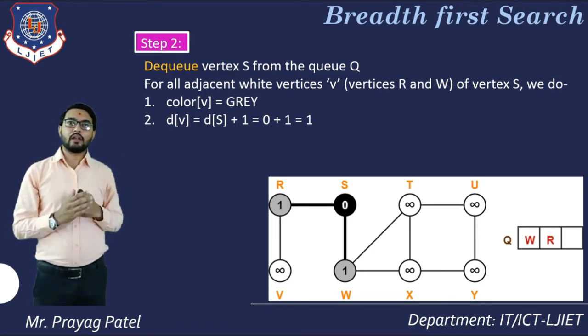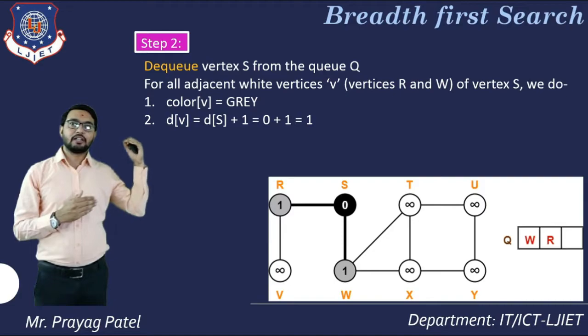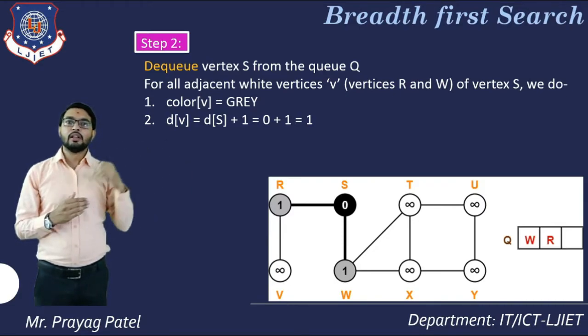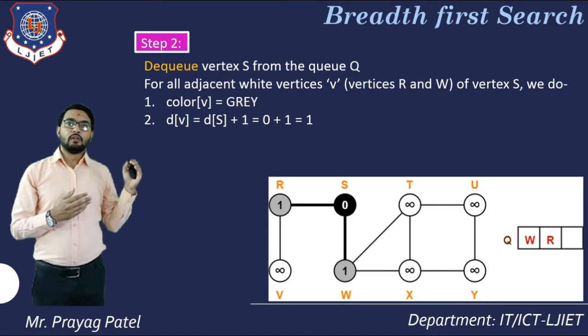Now D of V equals D of S plus 1, because D of S is the parent node and R and W are child nodes. So D of V equals 0 plus 1 equals 1.